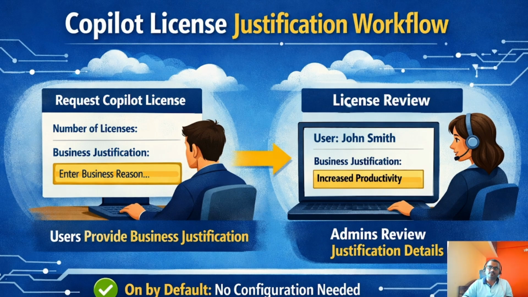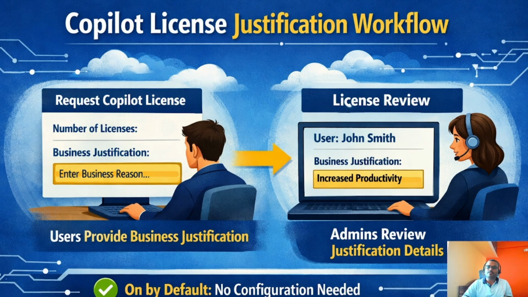As soon as the Copilot license is requested by the end user providing the business justification, the admin, basically a billing admin, can view their messages, or the justification. For instance, here on the screen you can see John Smith has requested the Copilot license, and admin review has been done, and the justification has been read there.